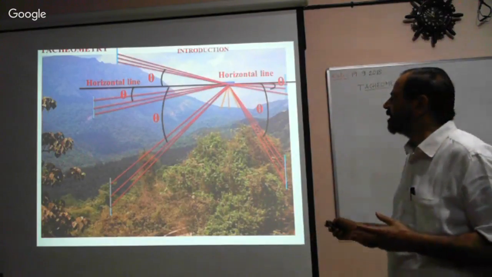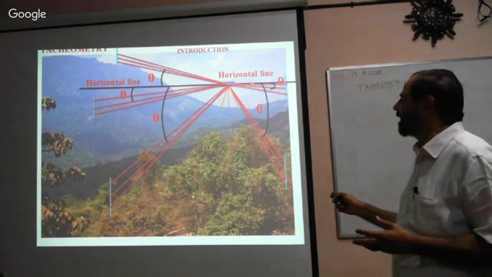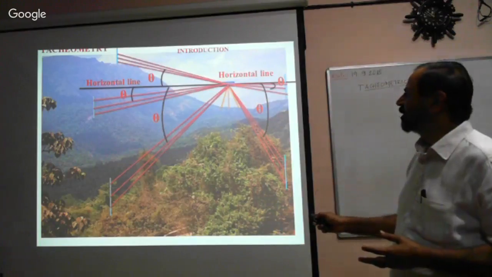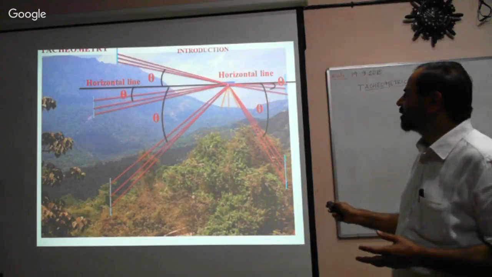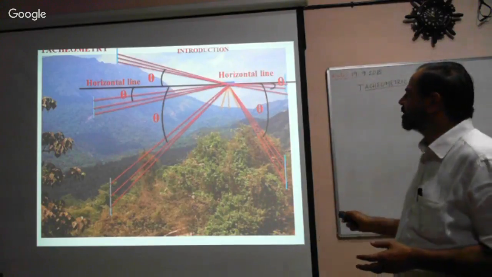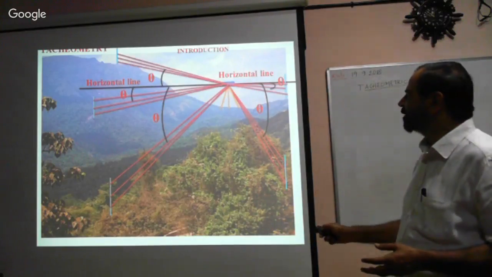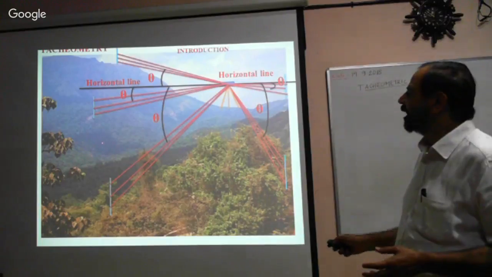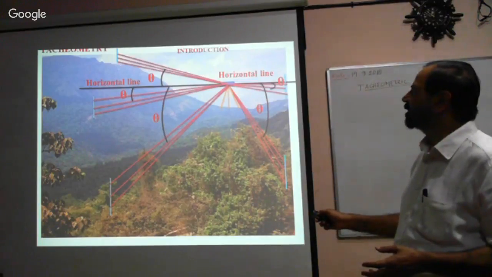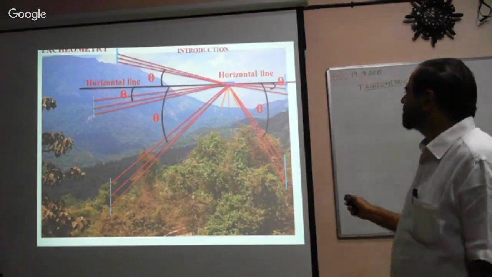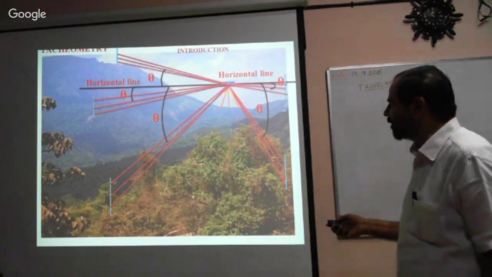By taking all this information and data from the ground, we can calculate the distance from the instrument station to object 1, instrument station to object 2, instrument station to object 3, the elevation of the point, the elevation of the location, and also the horizontal distances. We can use this method.